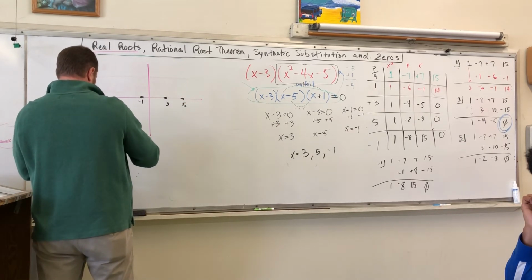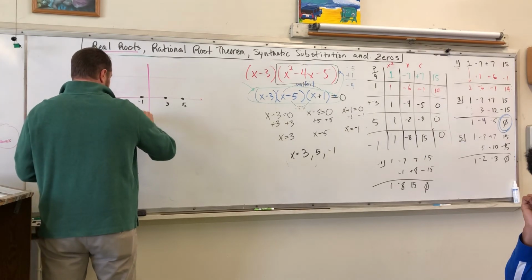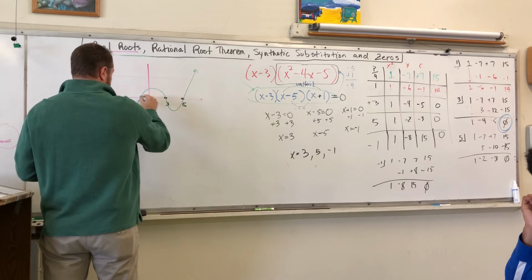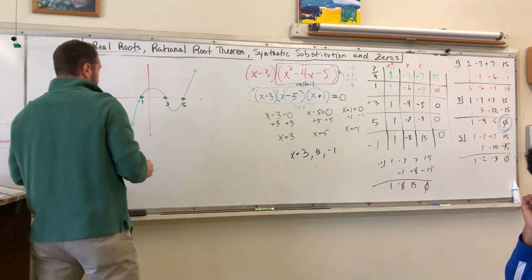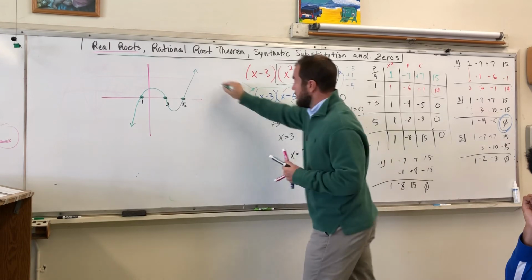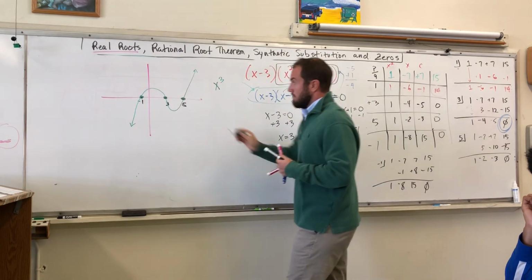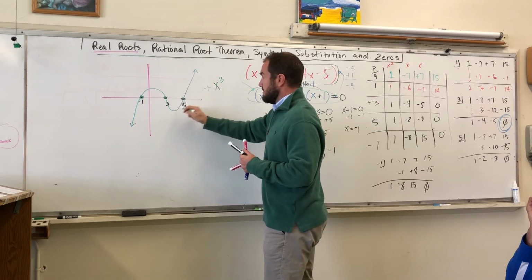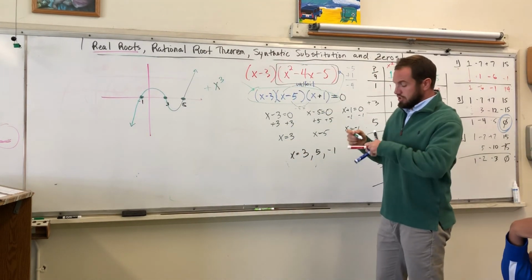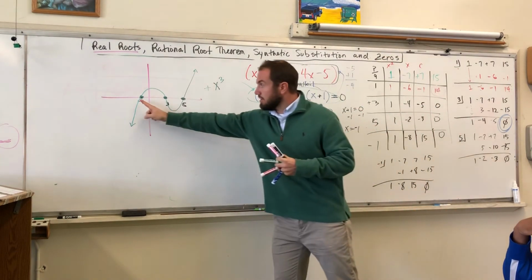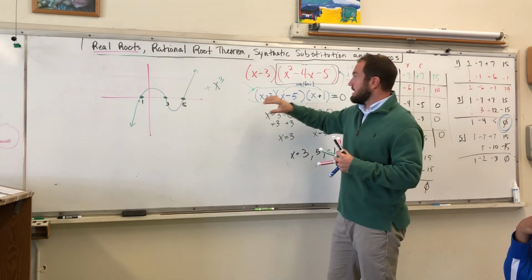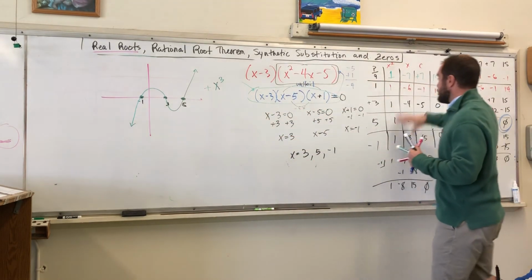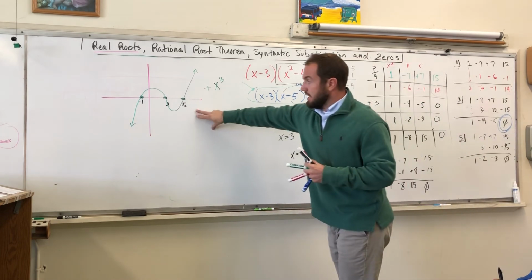It would look something like this, where you have an odd function where it starts in one direction and ends in another, and it's positive, so generally you would end in an upward direction at the end. And that's where your possible values are here. So that's taking that original function all the way through synthetic division, finding roots, and then getting a graph here.